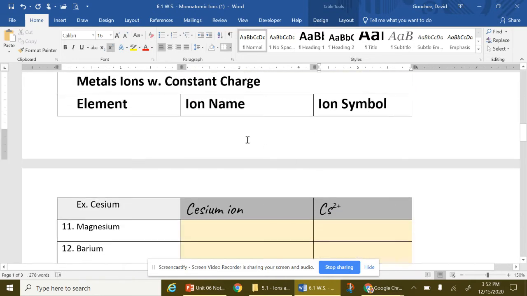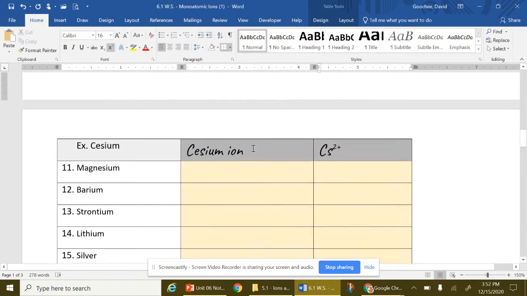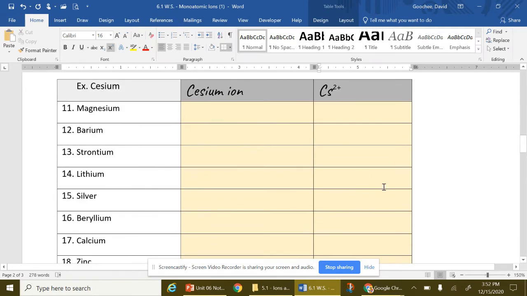Next, we've got metals with a constant charge. Now, these metals do not get Roman numerals. For example, barium forms a barium ion. Now, you don't know, is this a +1, a +2, a +3 ion?